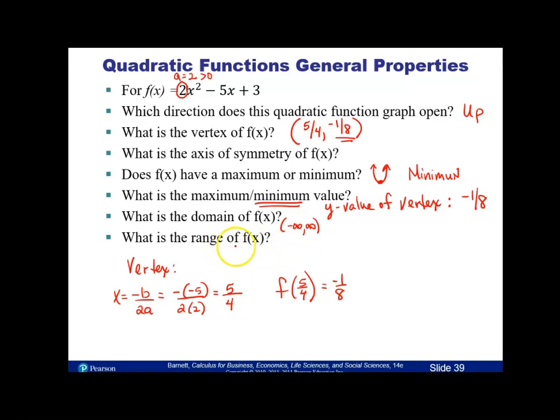And the range, we haven't really talked about the range much, but if you think about what we're working with here, we've identified that we have a parabola that opens up and it has this vertex at 5/4, negative 1/8. Okay, so that means that it never goes below negative 1/8. And so that's going to be its range. It's going to be from negative 1/8 to infinity.